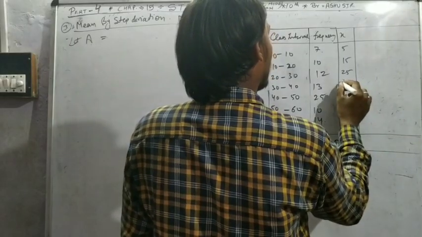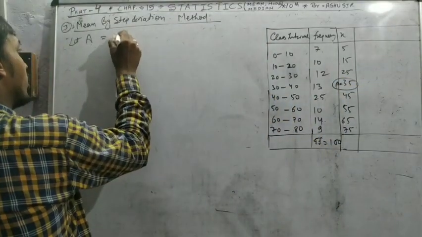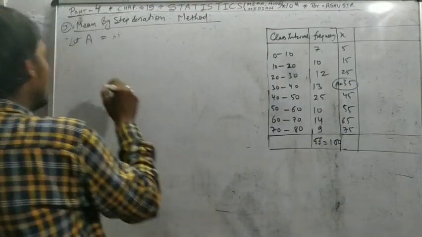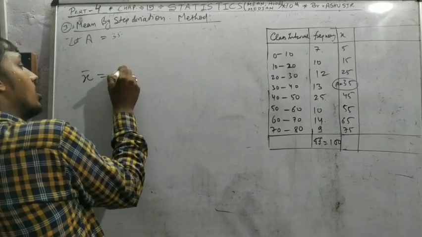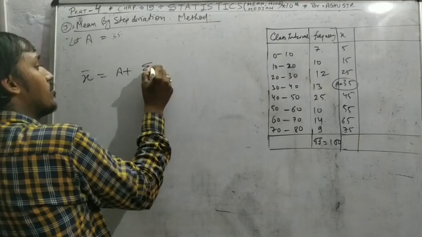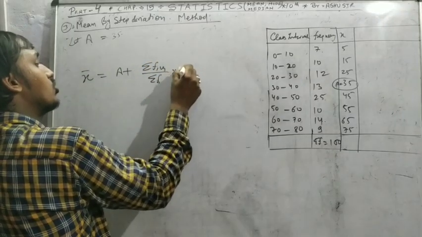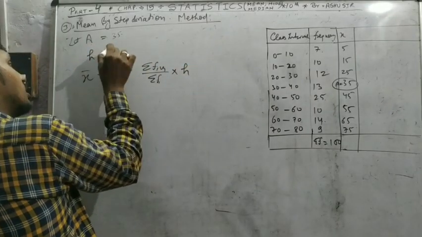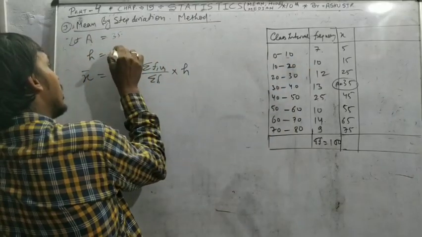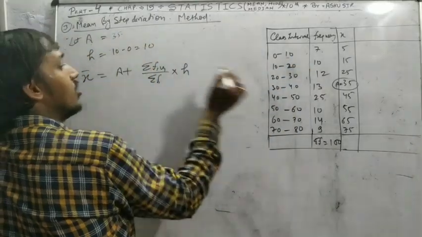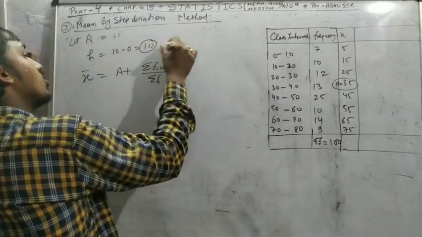So we again take A, let A equal 35. Then for the step deviation method, mean is equal to A plus sigma fu upon sigma f into h. H is the height. Subtract any: 10 minus 0, 10, or 20 minus 10, 10, 30 minus 20, 10. So h is equal to 10.